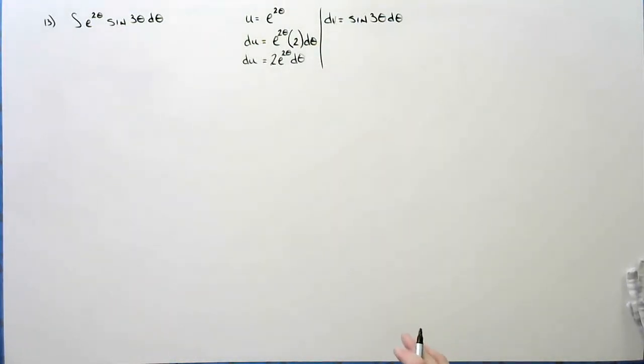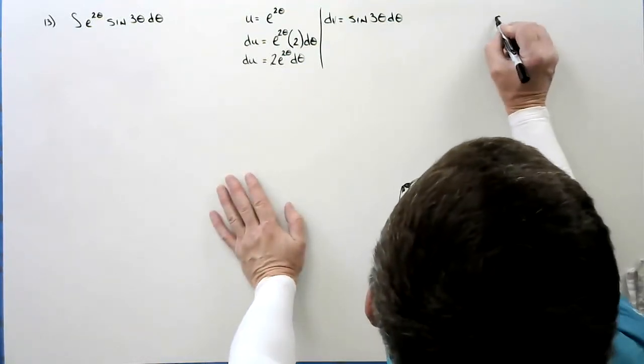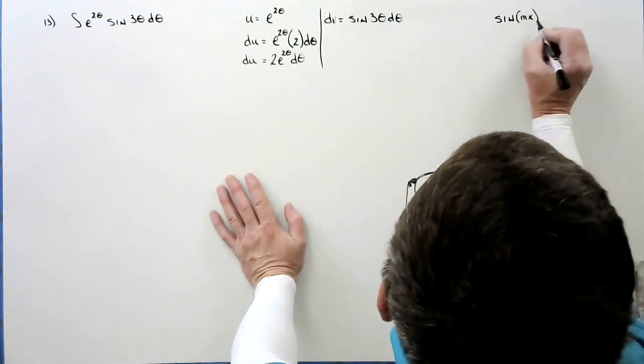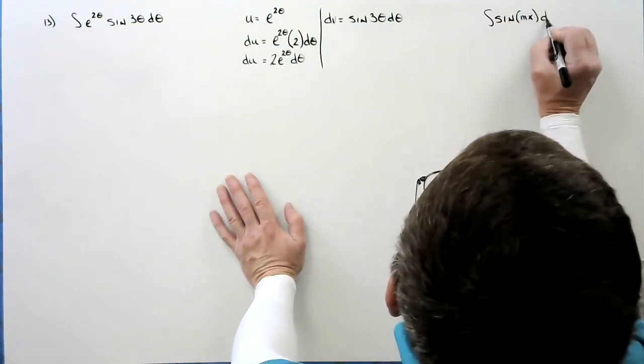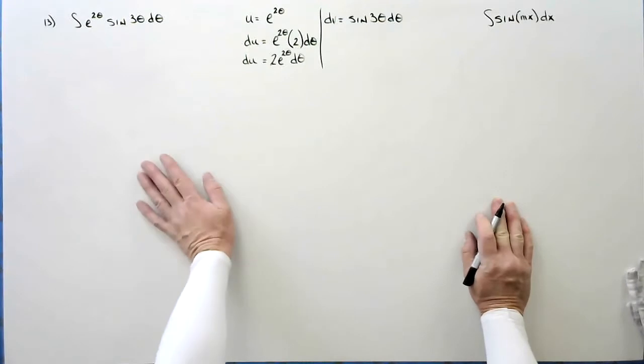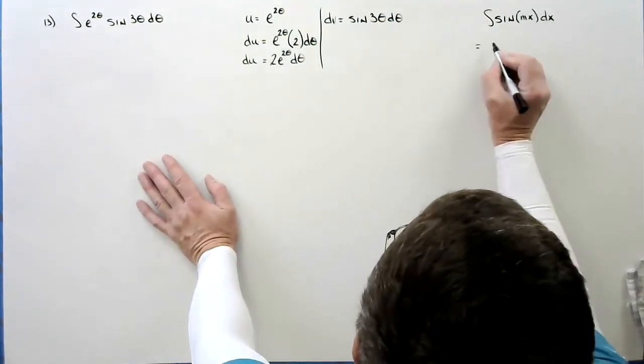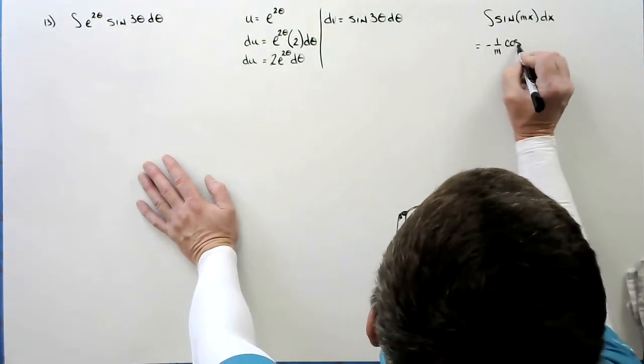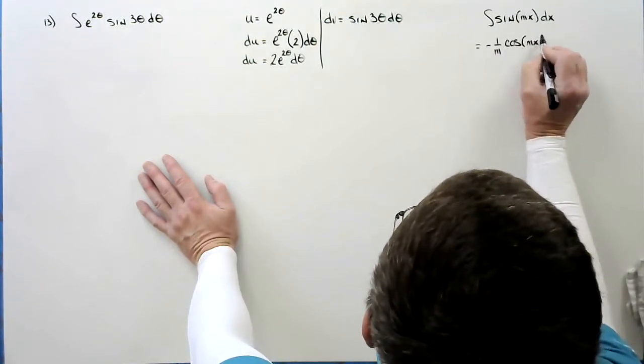Now Stuart just gave us a problem, and we just worked on a problem where we integrated sine of mx. It wasn't a 3, it was an m, and we integrated sine mx dx. And for that integral, we got minus 1 over m cosine of mx.